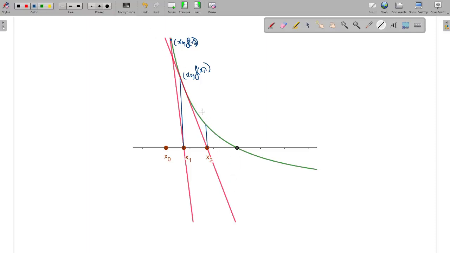The slope of that line would be, as you know, the derivative of f at x naught. And you have one point that the line passes through, that is x naught comma f of x naught. You know one point on the line, and you know the slope of the line, so we can find the equation of the tangent at the point x naught comma f of x naught.